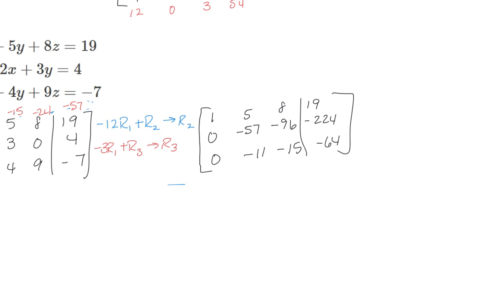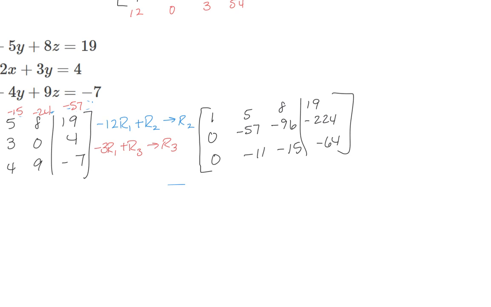Now I usually like to work with much smaller numbers, but I think 57 is divisible by 3. Yep, and 96 is divisible by 3. And 224, I think, is divisible by 3. Nope, it is not. That is unfortunate. Okay.